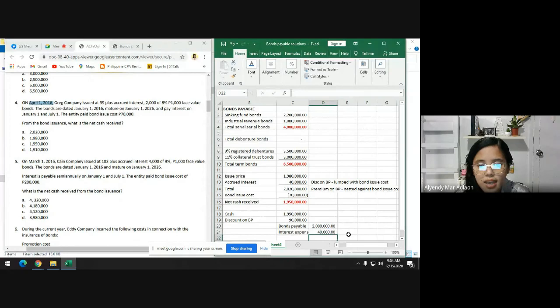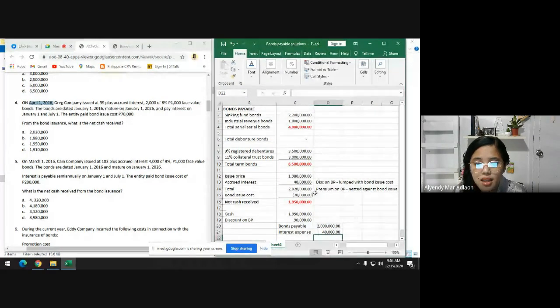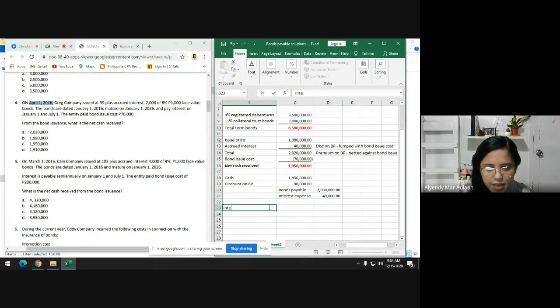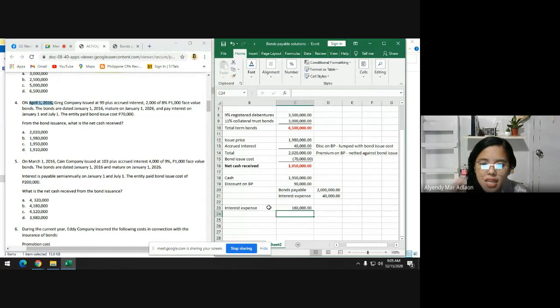Okay, para iniabot sa end of the year, ang mahitabuan na is, although imo ang gi-record na interest expense, debit interest expense, 2 million times 8%. So ang 1 year is 160,000. Mao na imong ma-record.